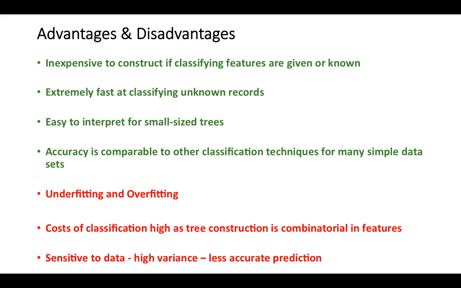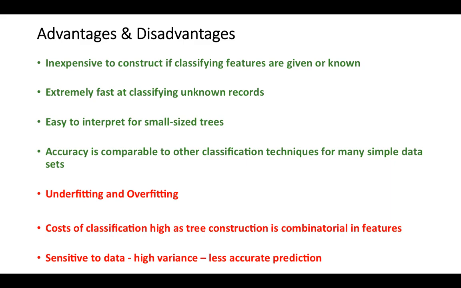The biggest problem would be underfitting and overfitting. When you have lots of data points in a node, you come to a problem of underfitting. And when you have just one data point, you'll have a classic problem of overfitting, right? The cost of classification is high as the tree is combinatorial.